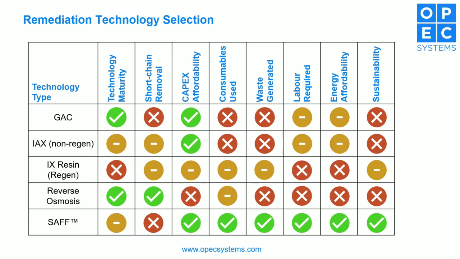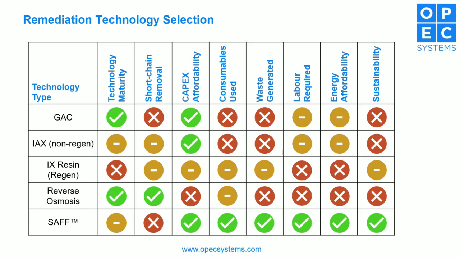For me, they fall into two camps: subjective and objective, or qualitative and quantitative aspects. If we look at the subjective aspects, you want to understand technology maturity. Has it been used in other industries, other applications? How long has it been around for?